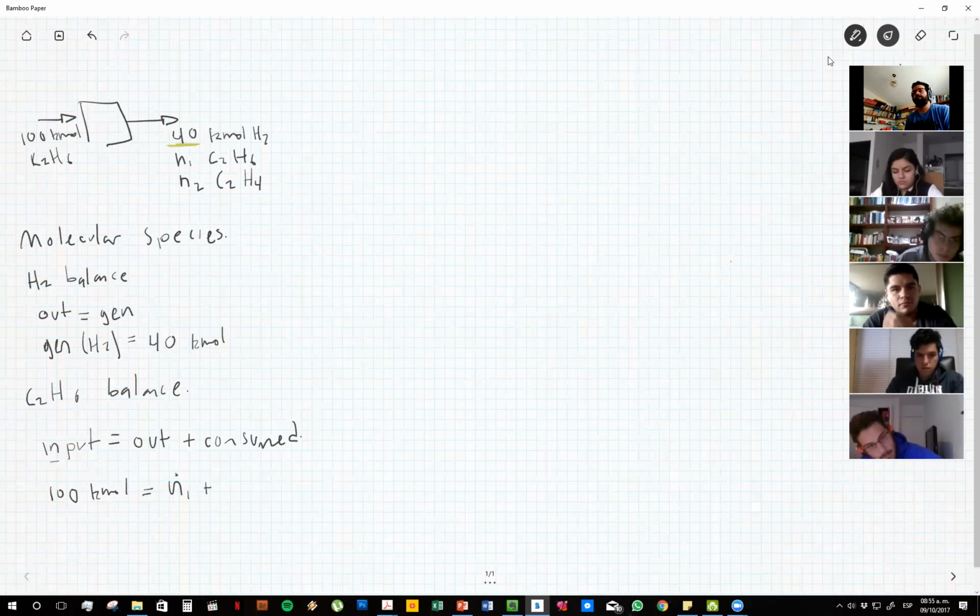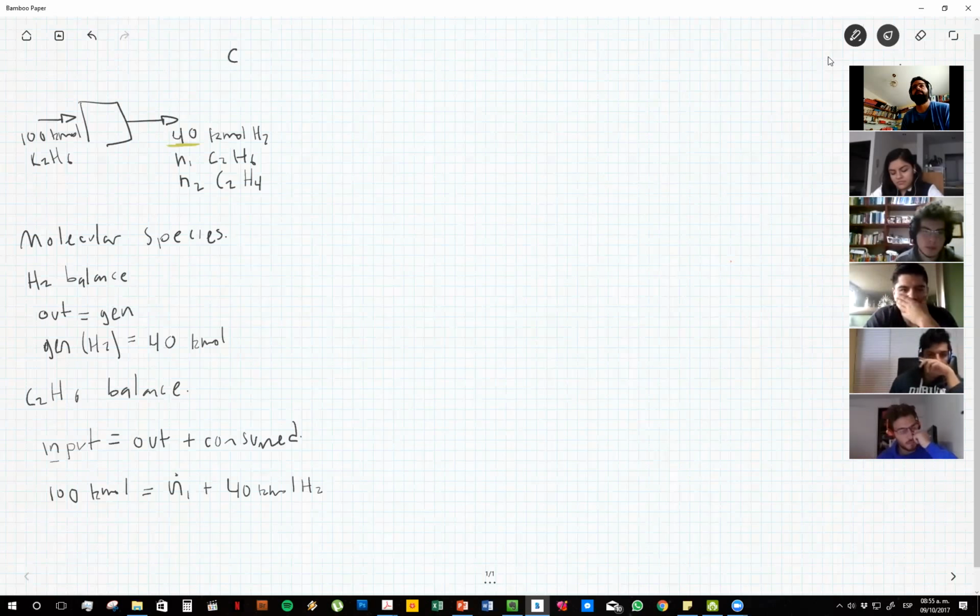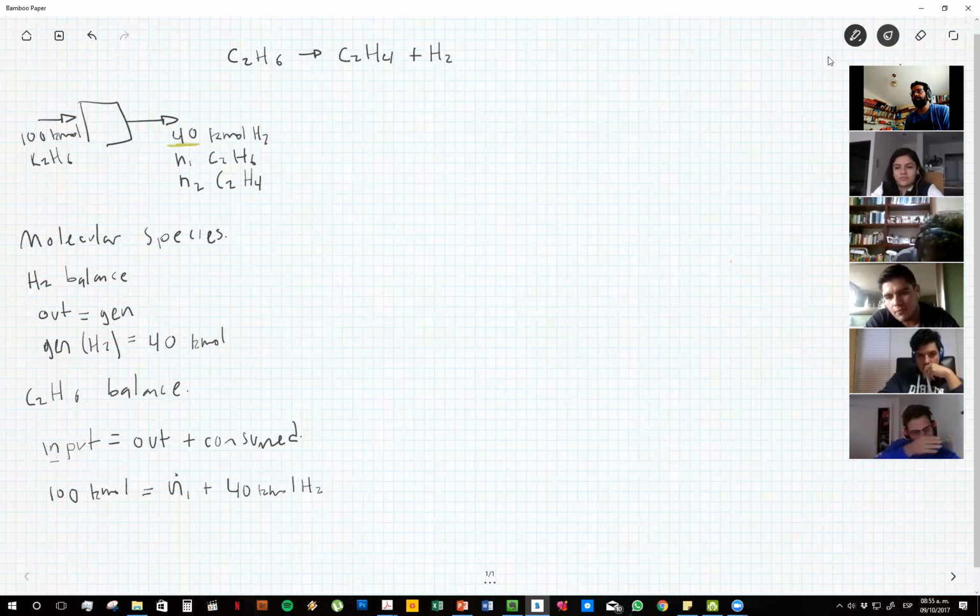What was consumed, we can calculate using the amount of hydrogen that was produced and the stoichiometry of the reaction. We had 40 kilomoles of H2, and the stoichiometric relation, if you remember, was C2H6 decomposing into C2H4 plus hydrogen, so the stoichiometric coefficient is 1 to 1.